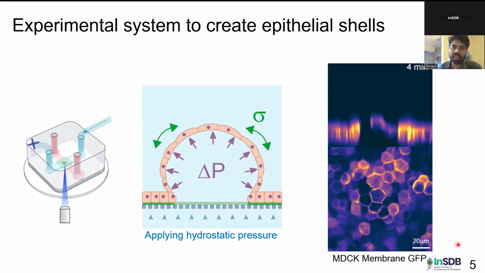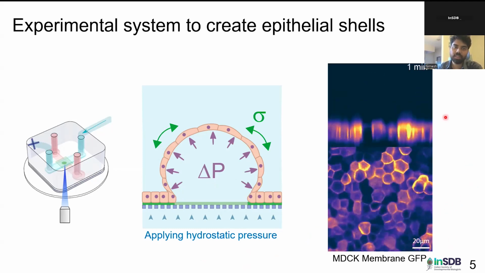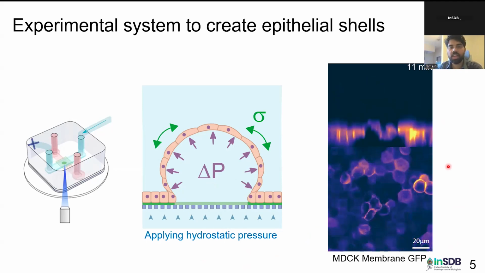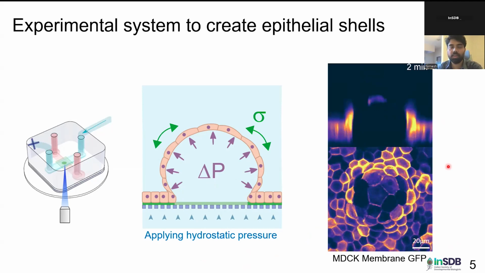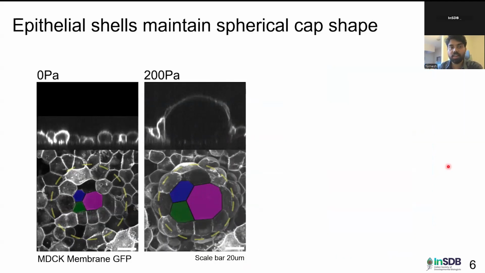Luckily, it works. And here in this video, you can see the top view and the side view, showing that we are able to dynamically control the pressure and image the shape with confocal imaging. Here you can see in detail that the cells are able to stretch 3 to 4 times their original area, and all the while it maintains a spherical cap geometry, which is good for us because it makes our life easier to measure the radius of curvature.